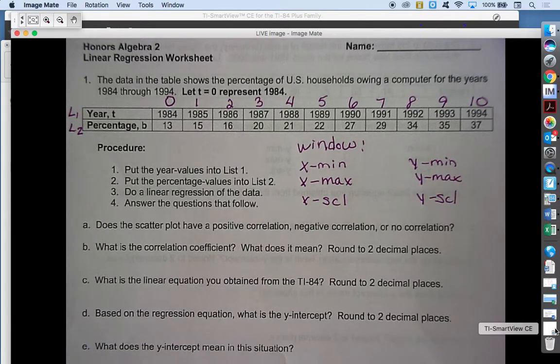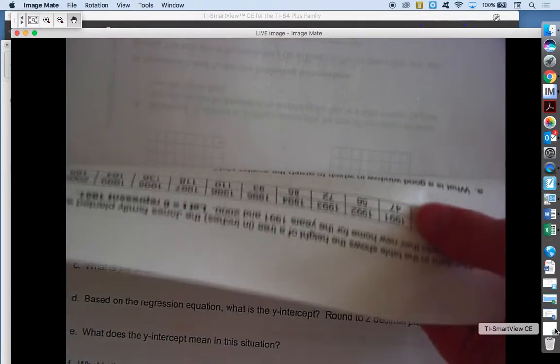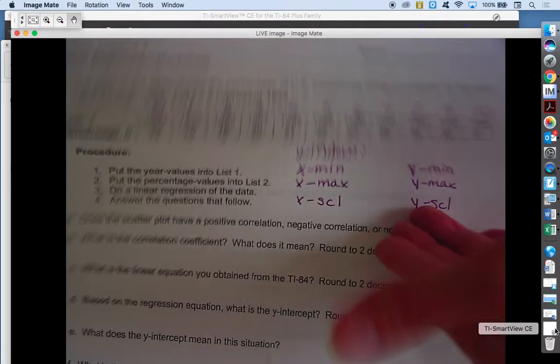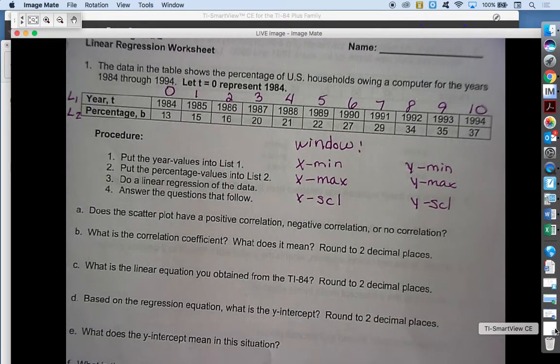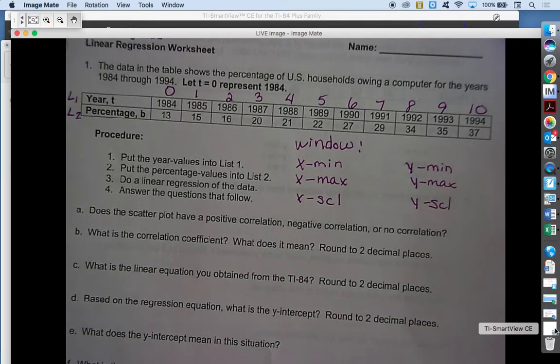The back of the page talks about the height of a tree that was planted. So 2 sets of data, and after you enter those data and you find your equation, the rest of it is what's the y-intercept, what's the slope, can you interpret what the information means. But it's entering those sets of data into the problem.